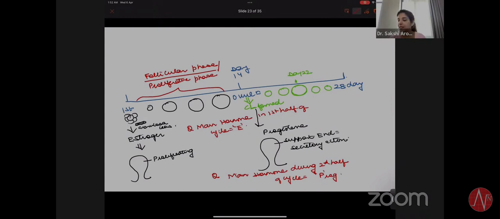And because in second half, whatever is happening to the corpus luteum, second half is called as luteal phase. And because second half में main hormone progesterone है, जो कि endometrium में secretory action cause कर रहा है, so second half is also called as secretory phase. Clear?